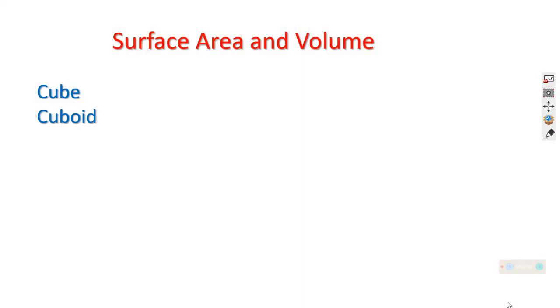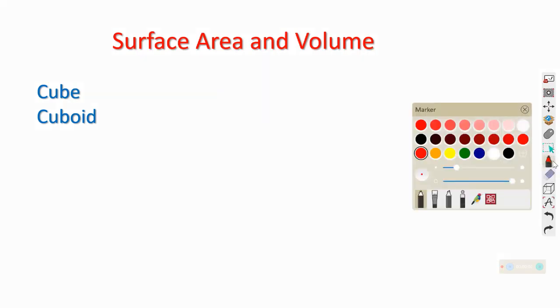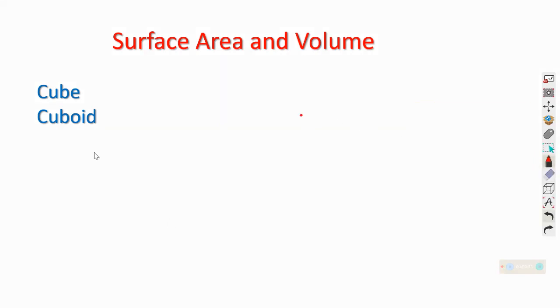So let me rewrite here. Cube: you understood the concept of surface area and volume of a cube, where we found that the total surface area of a cube can be calculated by 6L square and the volume can be calculated by the formula L cube.